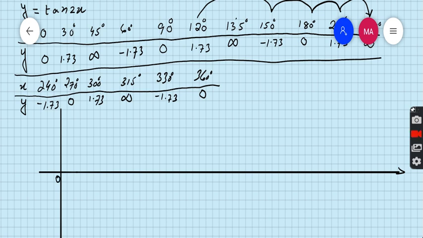If I take 4 squares as 30 degrees, 1, 2, 3, 4, then 60, 1, 2, 3, 4, then 90, 1, 2, 3, 4.